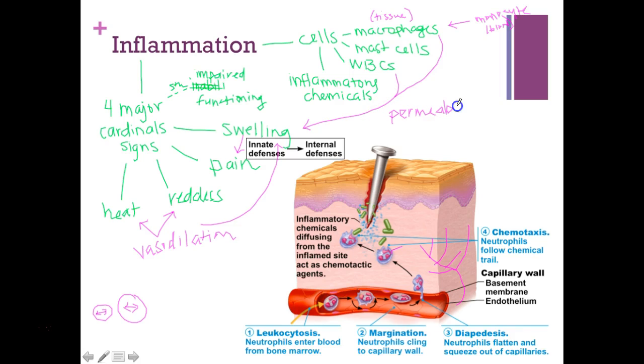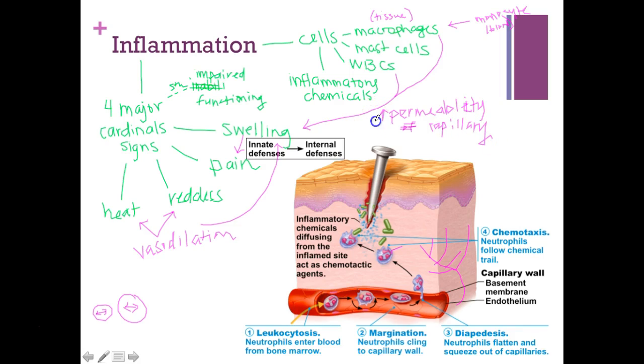Increased permeability of capillary. Oh my gosh, my brain is not functioning today.